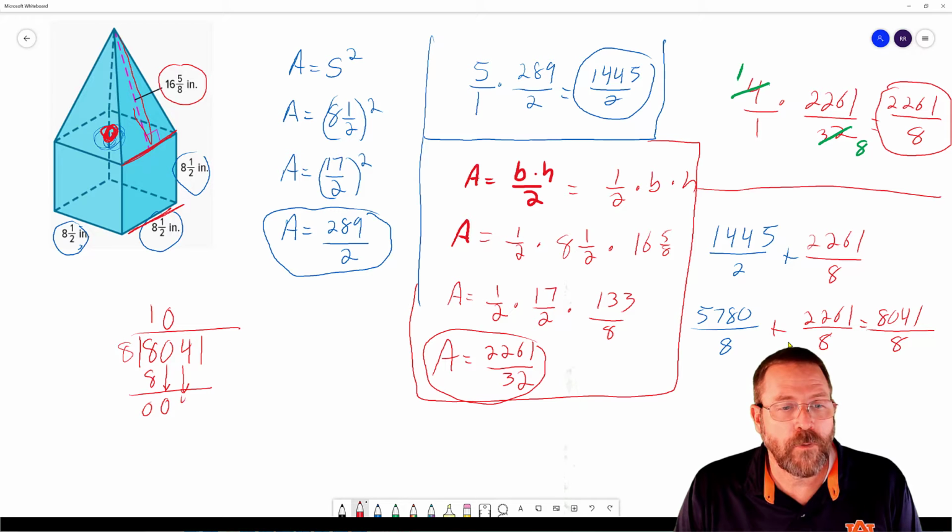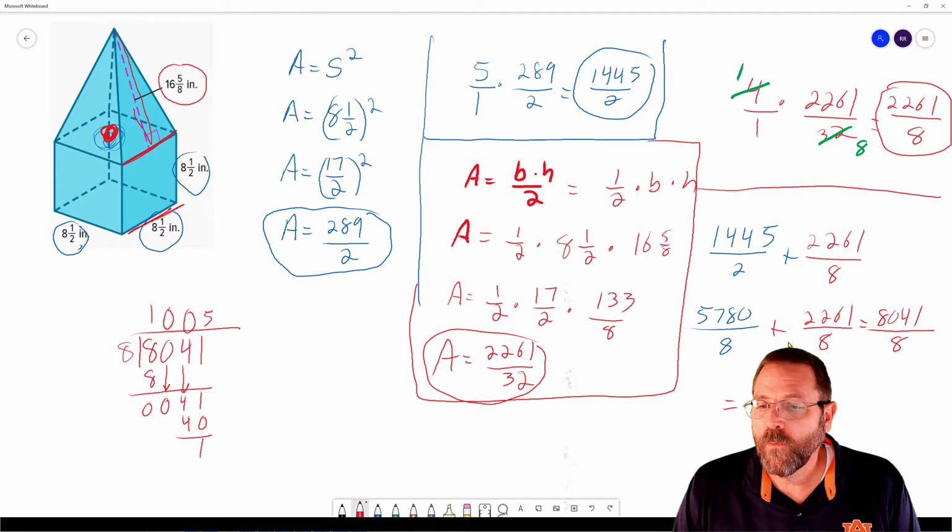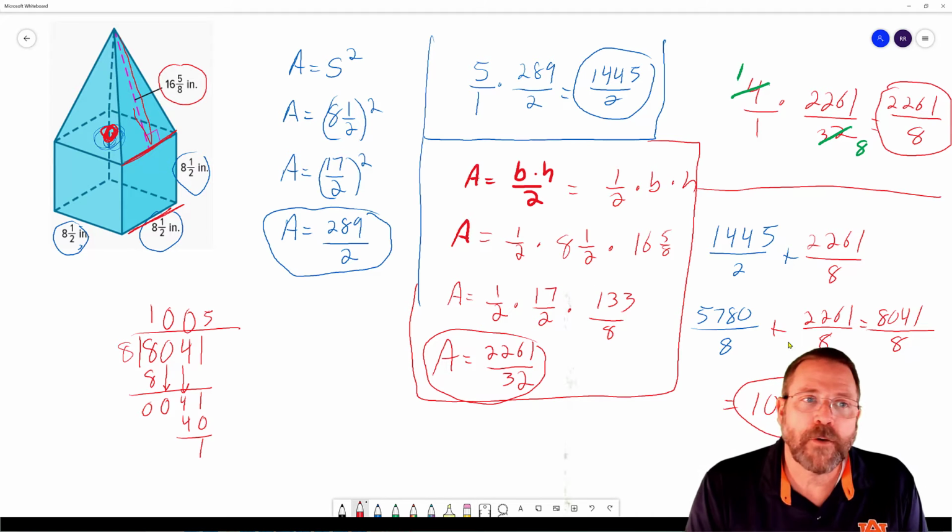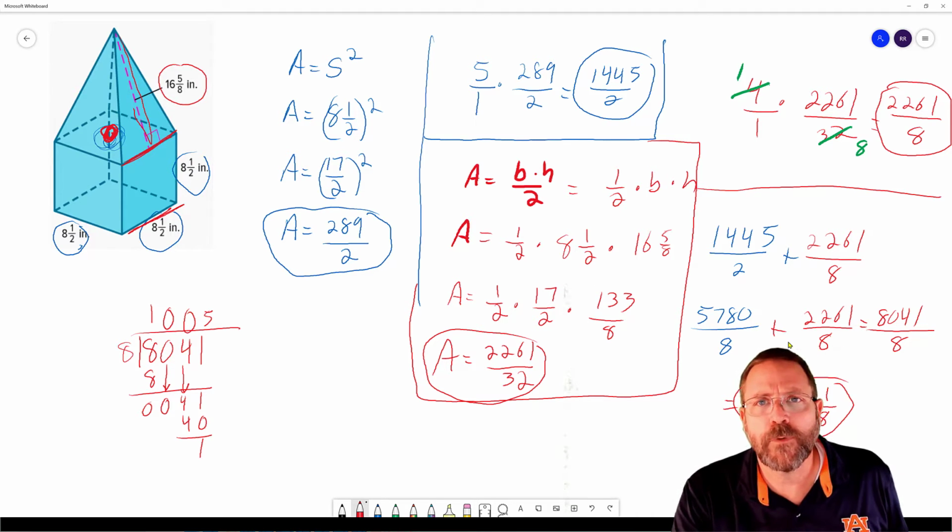Bring down your 4. 8 goes into 4 0 times. And bring down your 1. 8 goes into 41. That's going to be 5 times, which is 40 with 1 left over. So if I did all my math correctly, we're going to have 1005 and 1 over 8 for our final answer. Let's check it, see if we're right.